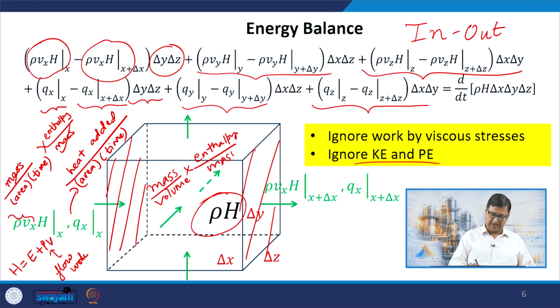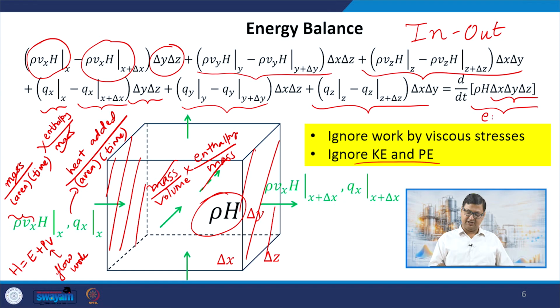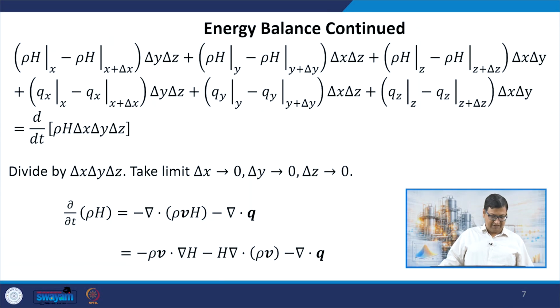So, it becomes enthalpy per unit volume, and if I multiply this with the volume of the control volume, that is delta x, delta y, delta z, I basically get the net enthalpy of the system, and d by dt of that gives me the accumulation of the energy in the system. Okay, so I will then have an expression for this energy balance.